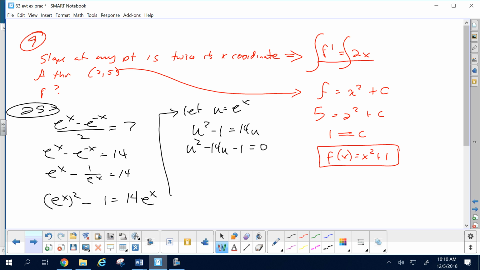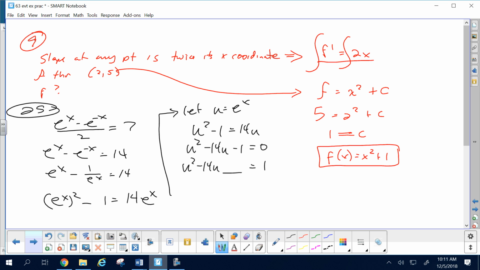Yeah? And it's not like this wasn't bad enough, but they gave me a quadratic that doesn't factor, so I guess I'm going to have to use the quadratic formula or complete the square, which you prefer. Do you remember how to complete the square? No. Well, let's practice it. So, u squared minus 14u. What would go here to complete the square? 49.